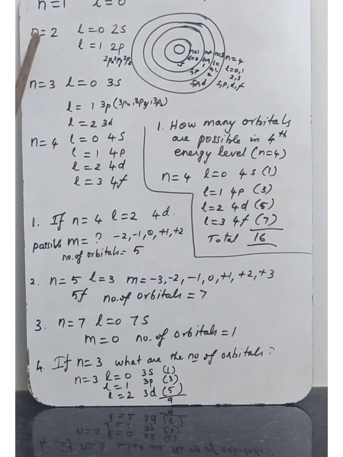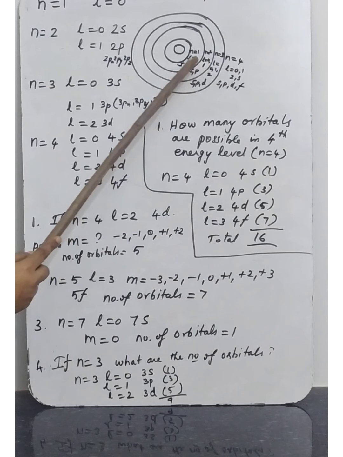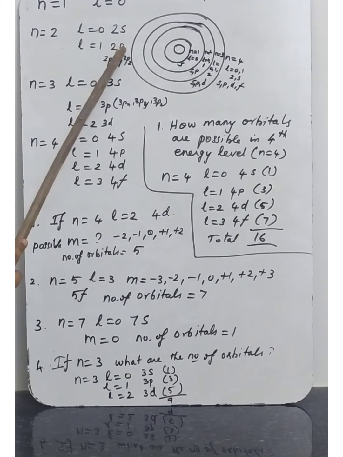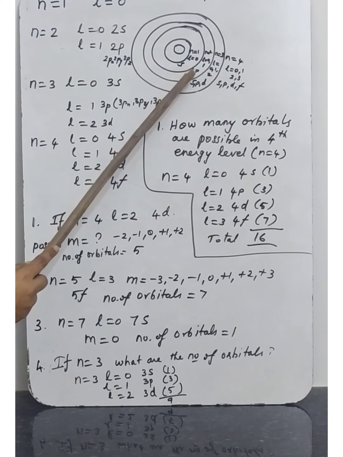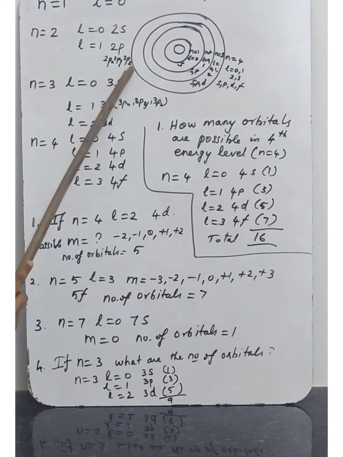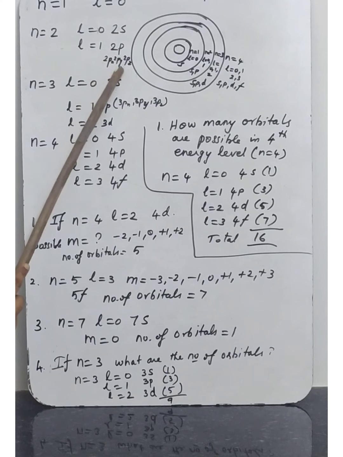If n is equal to 2, l value equal to 0 means in the second shell, s orbital electrons are placed. The balance electrons, that is l equal to 1, means 2p orbital. After filling the s orbital of the second shell, the remaining electrons will go to the p orbital: px, py, pz.